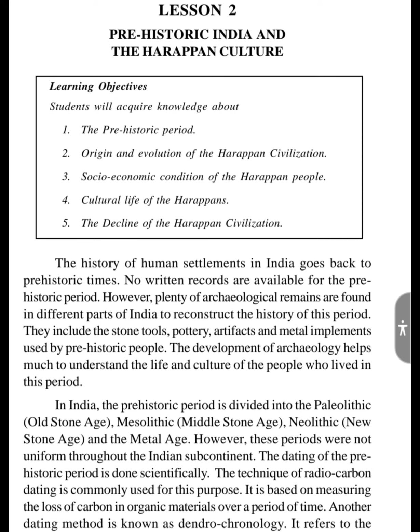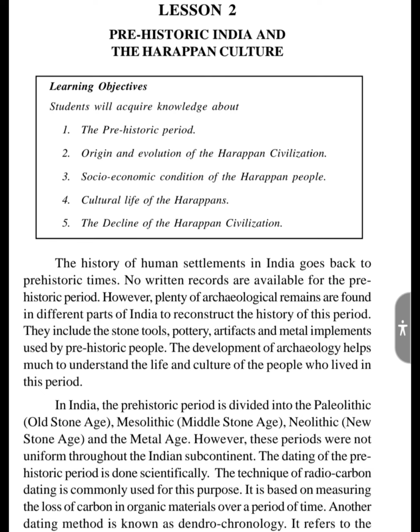In India, the prehistoric period is divided into the Paleolithic Old Stone Age, Mesolithic Middle Stone Age, Neolithic New Stone Age, and the Metal Age. However, these periods were not uniform throughout the Indian subcontinent.